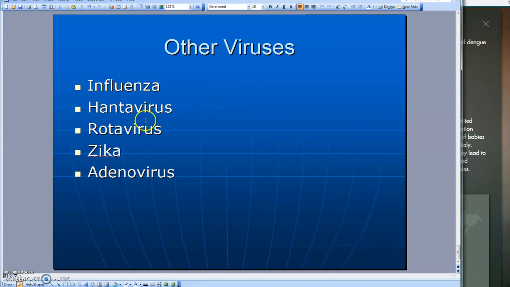Then you have hantavirus, which isn't too big of an issue. It's a 38% mortality rate, but it's not really out there very much. And that's a pulmonary issue as well, with fluid filling in the lungs, kind of like the coronavirus. And finally, rotavirus, which we don't worry about too much, is a diarrheal virus.